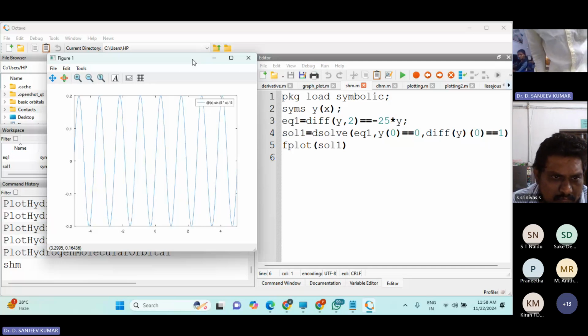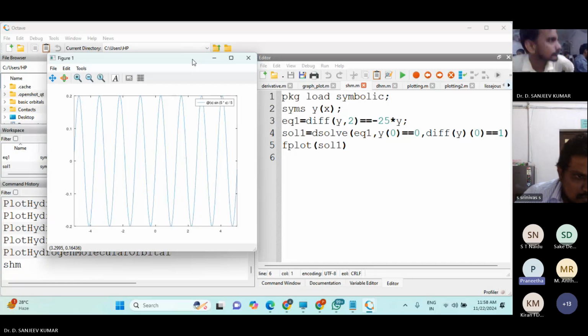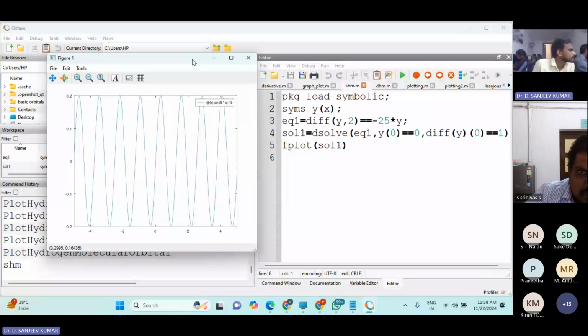Block came, and it will take some time. Equation 1.